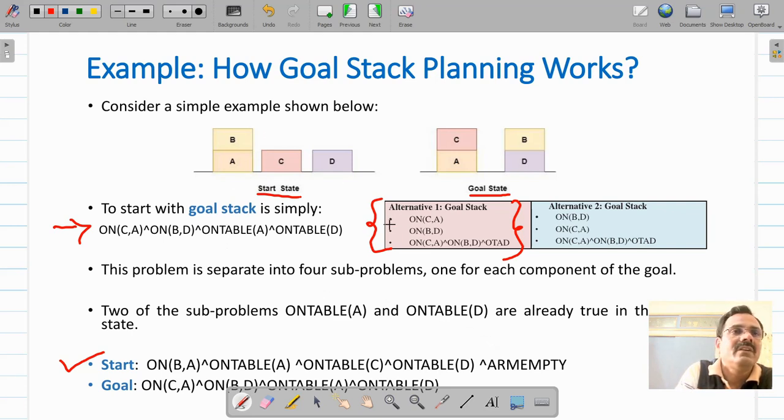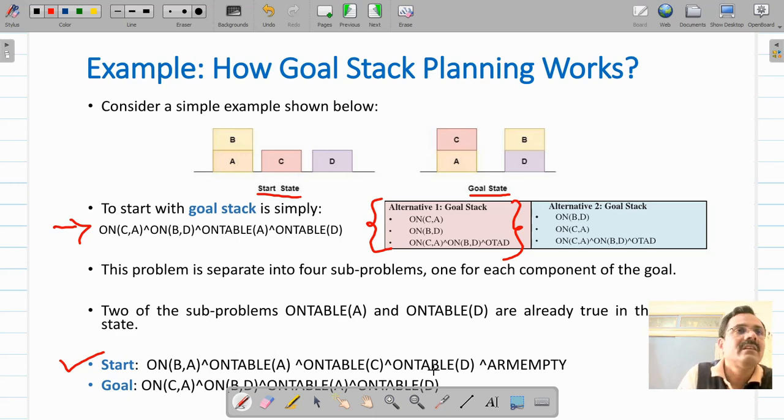And the goal that we have to achieve, we have already seen. We want block C on block D. Sorry, block C on block A, block B on block D, and A and D on table. So this is the goal state that you will have to achieve. Initially the state of the world is like this.